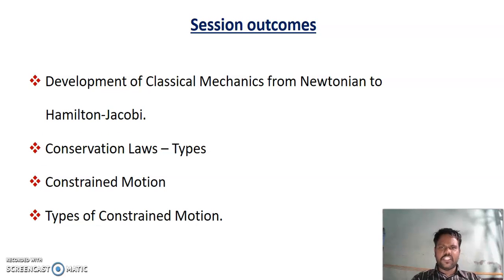By the end of this session, you will be able to understand how the classical mechanics had been developed from Newtonian mechanics to Hamilton-Jacobi mechanics, and the different laws of conservation, the constraint motion and their types.